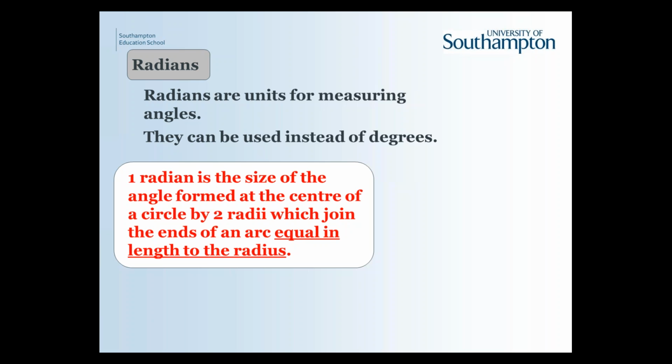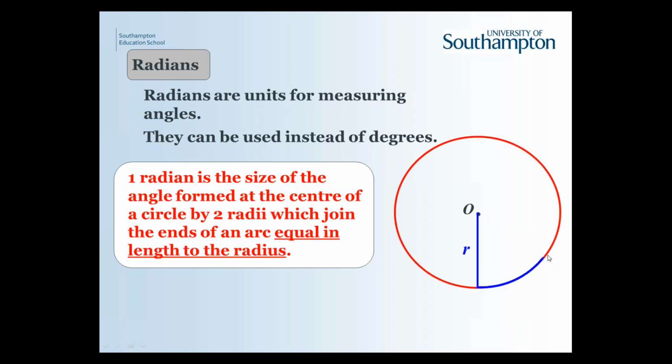But anyway, one radian is the size of the angle formed at the centre of the circle when you've got two radii which are the same length as the arc. So what that means is this length, I take that length round the arc, so that is exactly the same length as R. And then when I go back in to there, the angle formed here is 1 radian.